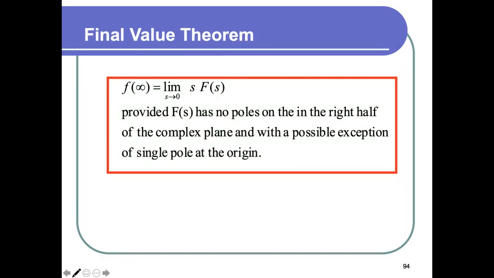And the reason is, if F of s is, let's say, 1 over s squared, and I multiply it by s and take the limit as s goes to 0, then this expression is not going to be realistic. So I can only allow for one s in the denominator.